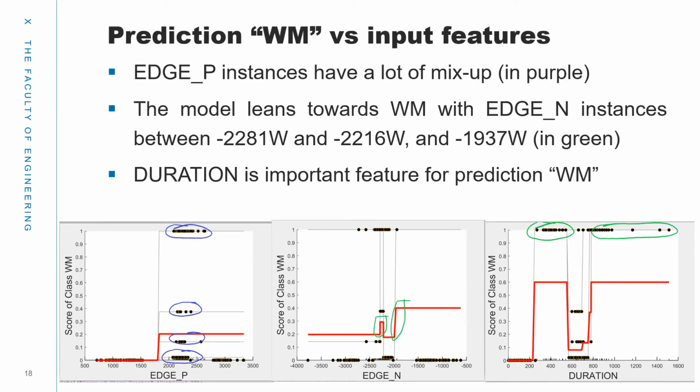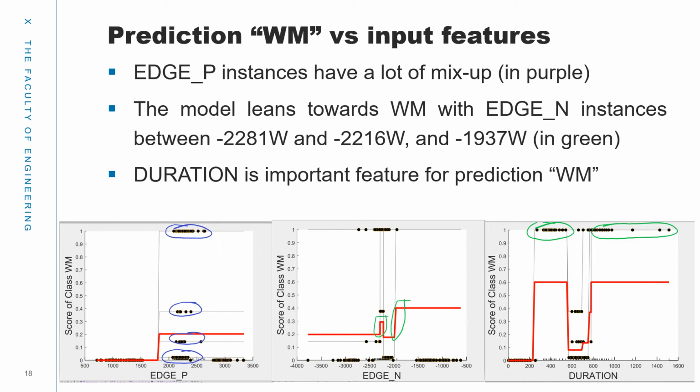Washing machine and dishwasher have similar power signatures as well, and hence are easily confused with each other. Observed in the ICE plots with HP, a lot of mixed up instances are highlighted in purple.